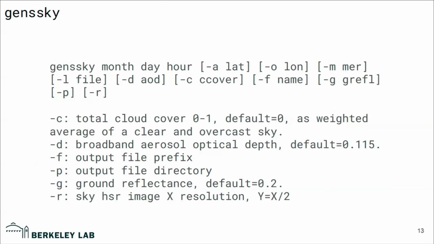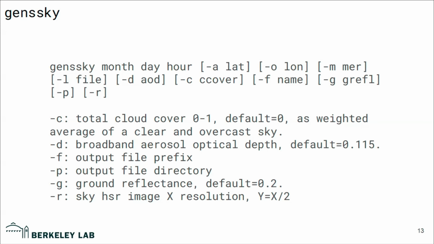So as a result, we have a program, GenSky, that generates a hyperspectral image that is our sky map, hyperspectral sky map. One of the shortcuts we took is that the model itself only does clear sky. So we don't have a way to do clouds.